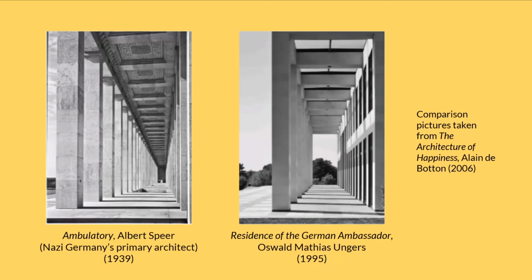These pictures are from a book called The Architecture of Happiness by the philosopher Alain de Botton. And the reason I want to bring it up is that his writing on the architecture of happiness is pretty much what opened my eyes to the importance of architecture without being overly egotistical or boastful.